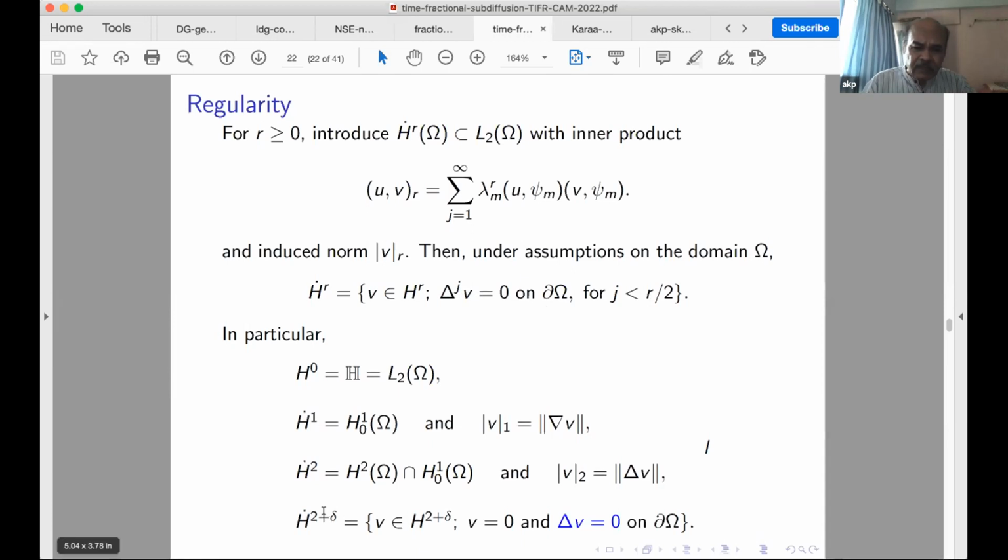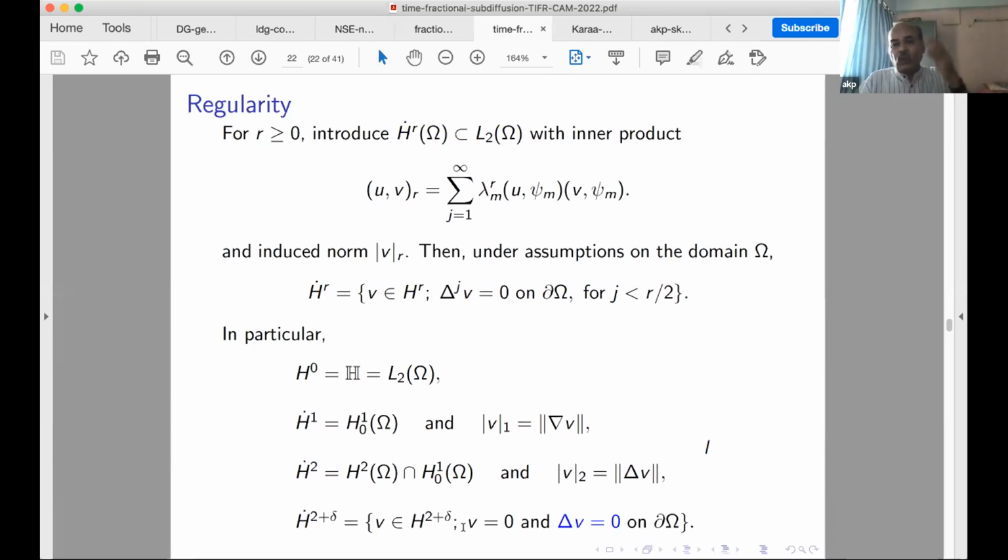What I am trying to tell you is that in finite element analysis, you will come across some spaces like H dot 2 plus delta for getting some convergence, where your initial function will not only be 0 on the boundary, but also the Laplacian of that initial function should be 0 on the boundary. But while doing the computation, you don't use that; the initial conditions are not imposed with this condition, which gives the required smoothness.